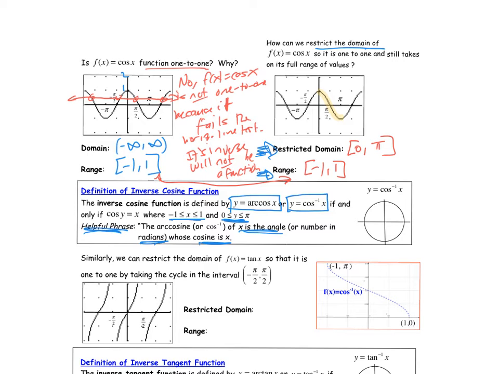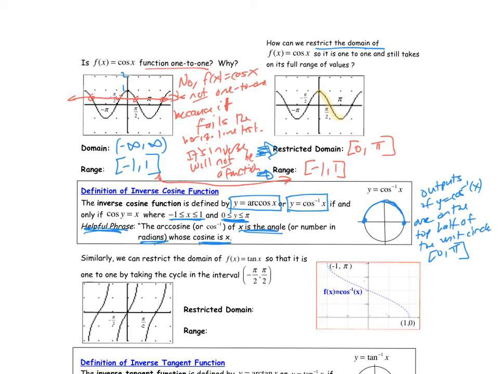A helpful thing to remember is that on the unit circle, the output values are going to be between 0 and pi. So outputs of y equals cosine inverse x are on the top half of the unit circle, from 0 to pi inclusive.